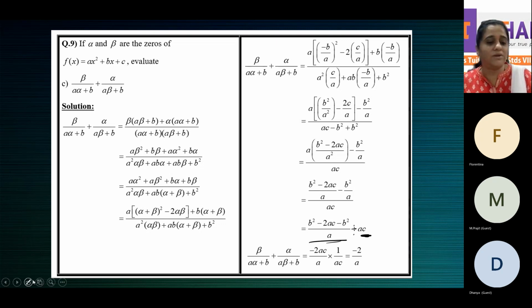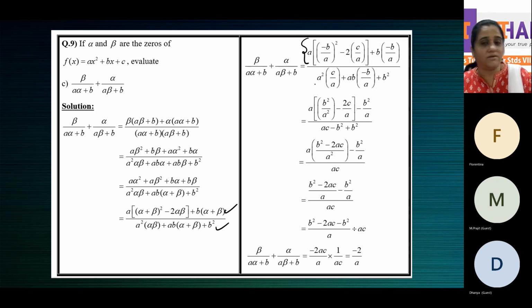Be careful which is the denominator. So divided by AC, that is, this is the numerator divided by the denominator.